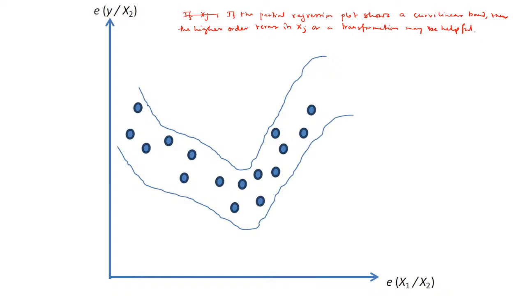So I mean to say, if your partial plot looks like this, in that situation, you need a higher order term, that is xj square, xj cube, etc., or you can use a transformation.